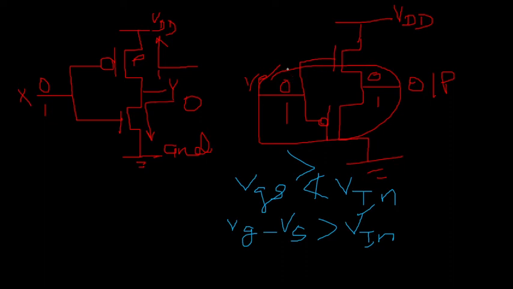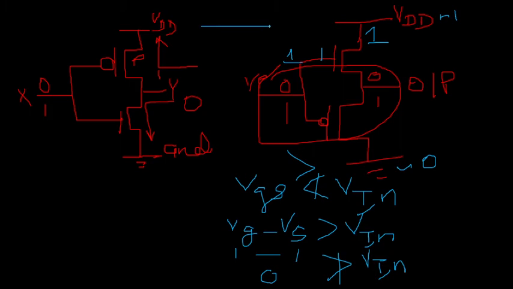Gate is 1, because NMOS turns on at 1. So at that time the gate voltage is 1 and the source voltage is also 1, because VDD represents 1 and ground represents 0. So 1 minus 1 becomes 0, and 0 cannot be greater than VTN, because the threshold voltage of NMOS is positive.